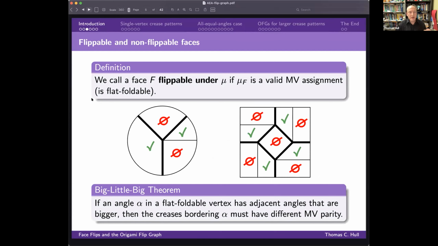So we call a face flippable under a mountain valley assignment mu if mu sub F is a valid mountain valley assignment. If we can flip a face and still have a valid mountain valley assignment, we call that a flippable face. This is just a close-up of that vertex that I showed you before, illustrating which faces are flippable. Those have check marks, and the non-flippable faces have little red no signs.